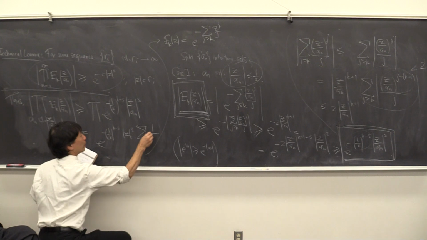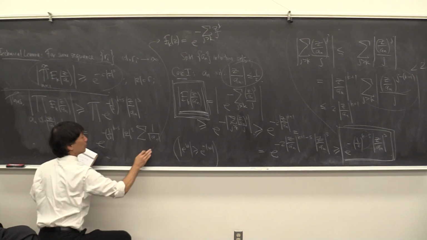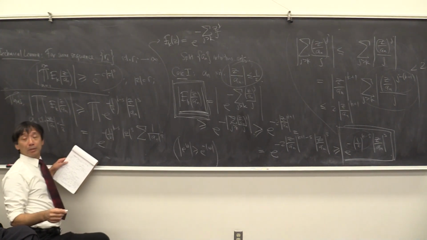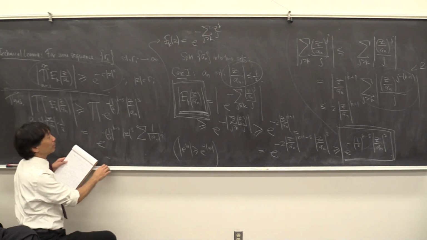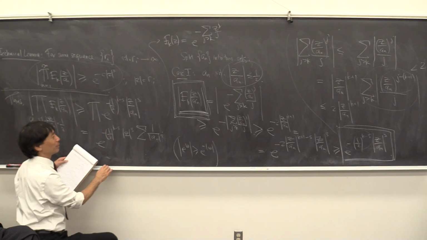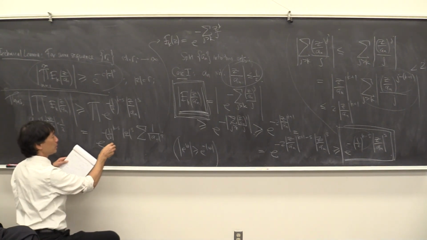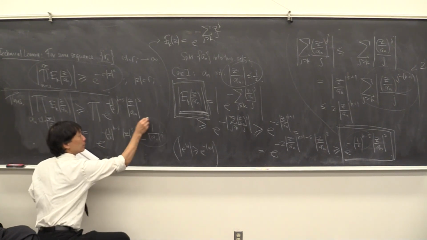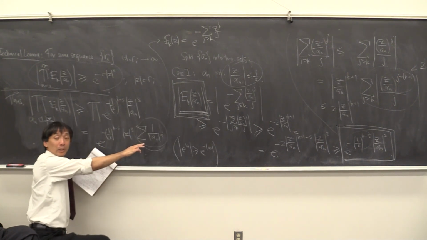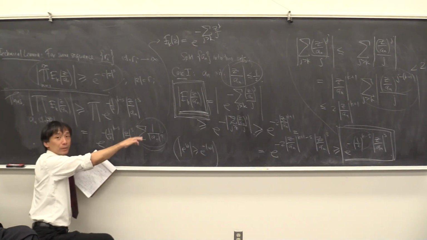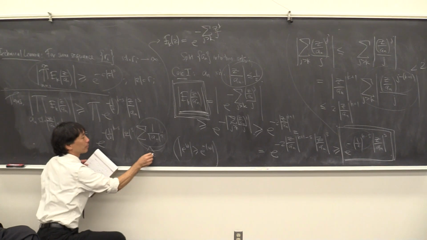summation of 1 over a sub n in absolute value to the s. Right? Just by products of exponentiation, okay? And we assume that this thing, when we add over all roots, is finite. So this is finite, right?